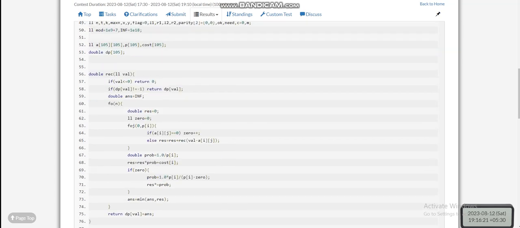Now this part is the main part of the problem, the transition state of the recursion. What is happening? I am counting the number of zeros in each roulette wheel. If a[i][j] is equal to 0, then I increment the count of zeros. Now res is res plus rec(val minus a[i][j]), and our probability is 1.0 by p[i].